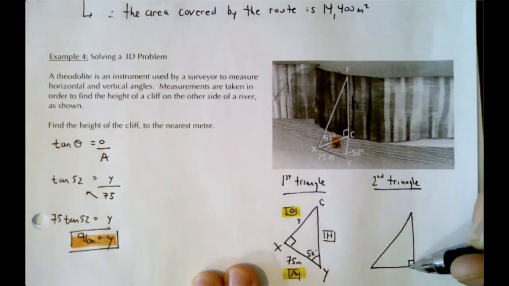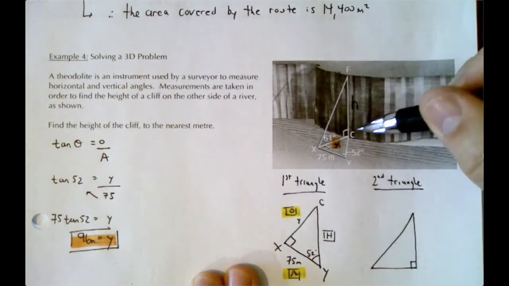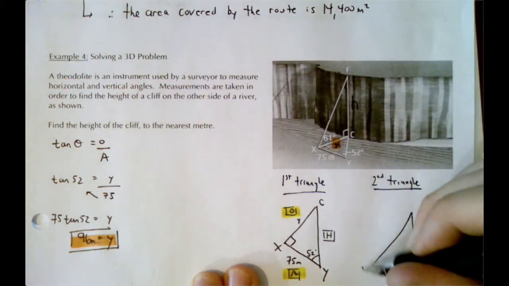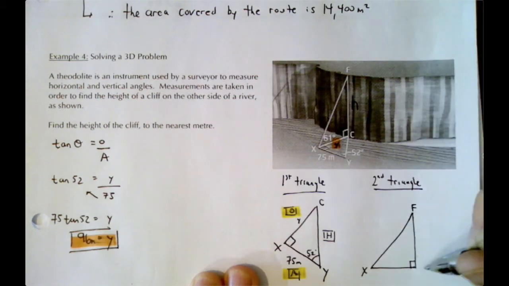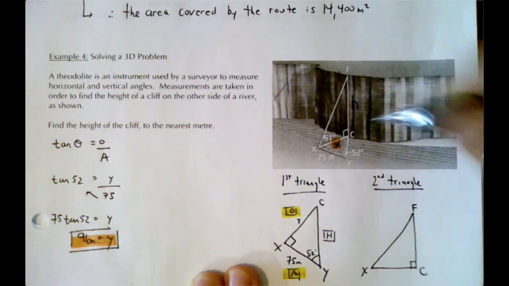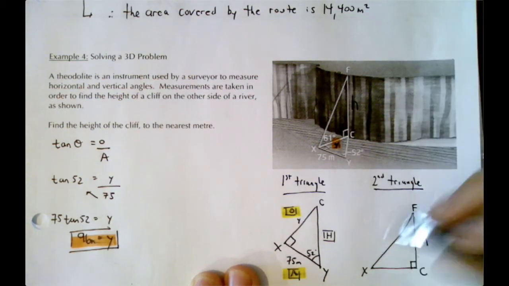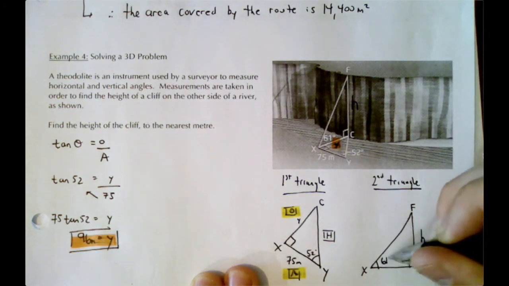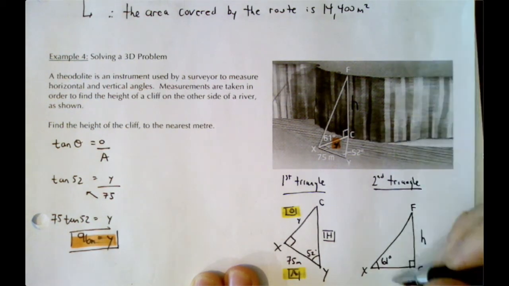We got a 90-degree triangle. We're drawing this triangle, XFC. Between F and C is our height. That's what we want to find. We know angle X is 61 degrees, and we just found out that Y was 96.